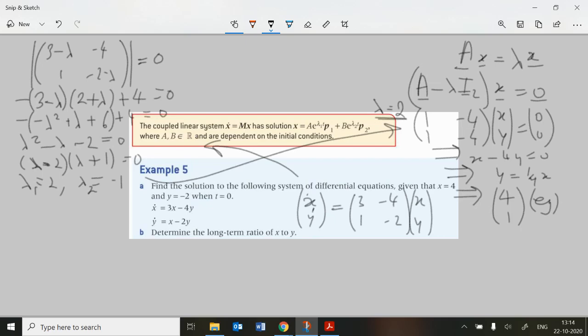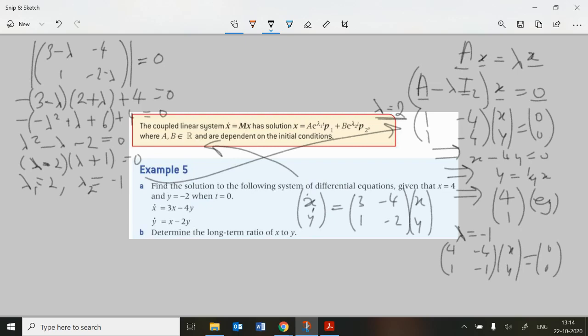Okay, now let's look at when lambda is equal to minus 1. When we put minus 1 into here, we get the matrix 4, minus 4, and 1, minus 1, times x, y, gives us 0, 0.